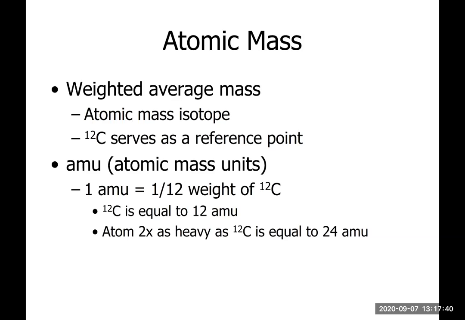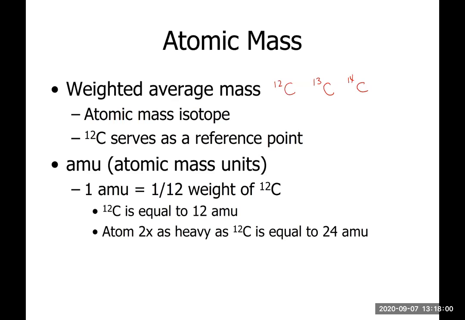Atomic mass is a weighted average. The atomic mass is the average of all isotopes. And so as I was telling you, with carbon, for example, we have an isotope called C12, an isotope called C13, and an isotope called C14.